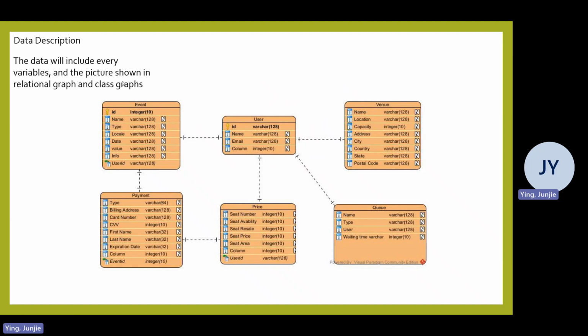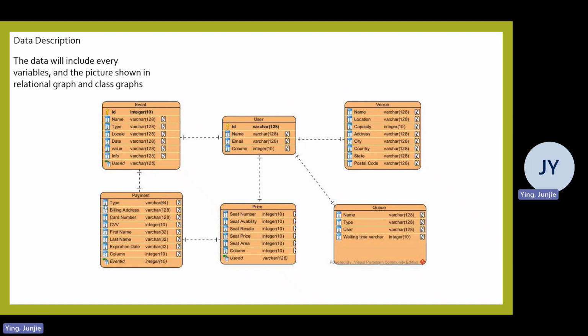The event table has ID, name, type, local date, venue information, and user ID. The user has ID, name, email, and column. The venue has name, location, capacity, address, city, country, state, and postcode.